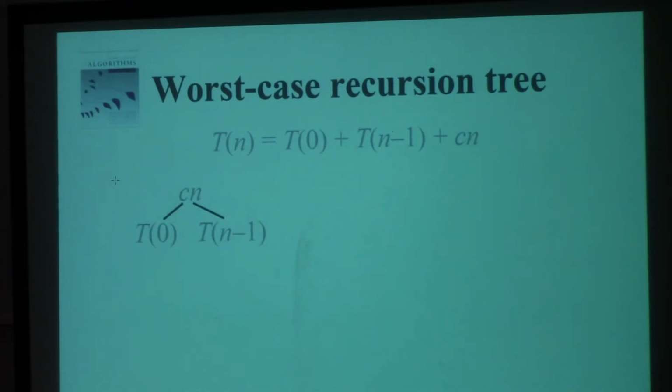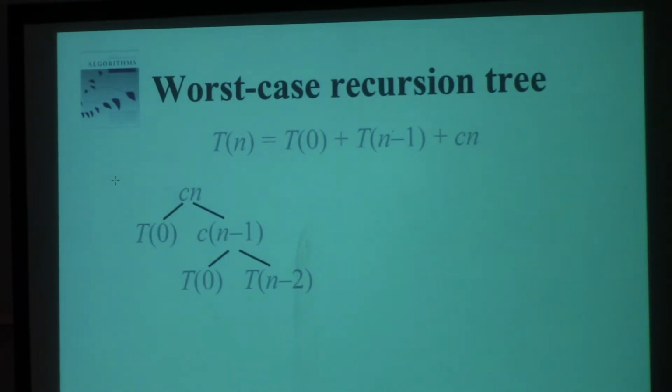So we start off with Cn on the top, right? Level 0. This is going to turn into this big fat 0. So n minus 1 goes into here, produces a t of 0 on the left, a t of n minus 2 on the right, and the actual work becomes C times n minus 1. There's actual work. This branch dies. This branch is going to die.